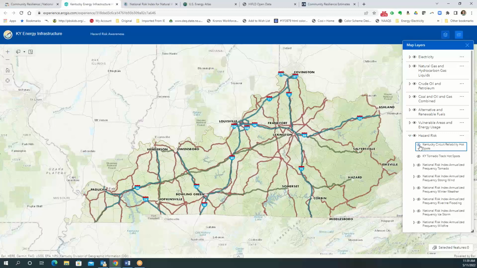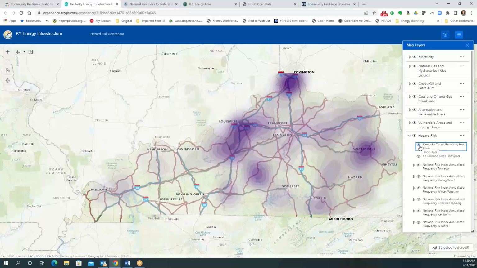So when we look at that, we can see these are what I call reliability hotspots, but it just means that they're at an increased prevalence of having either interruptions or outages, either man-made or due to those natural hazards.